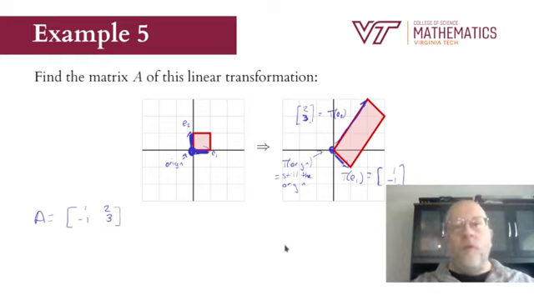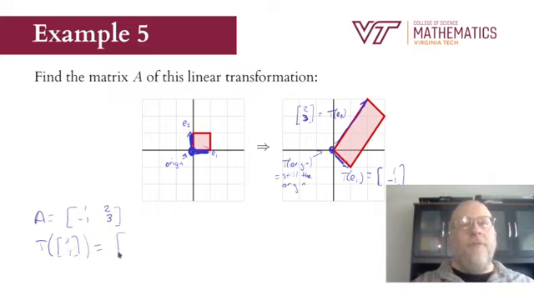We always keep the columns in order. And so the transformation we want takes points x, y, and sends them to 1, -1 in the first column, 2, 3 in the second column, times x, y. By the column row rule, x gets applied to the first column and y gets applied to the second column. So we get 1x and 2y in the first row, and -1x plus 3y in the second row.